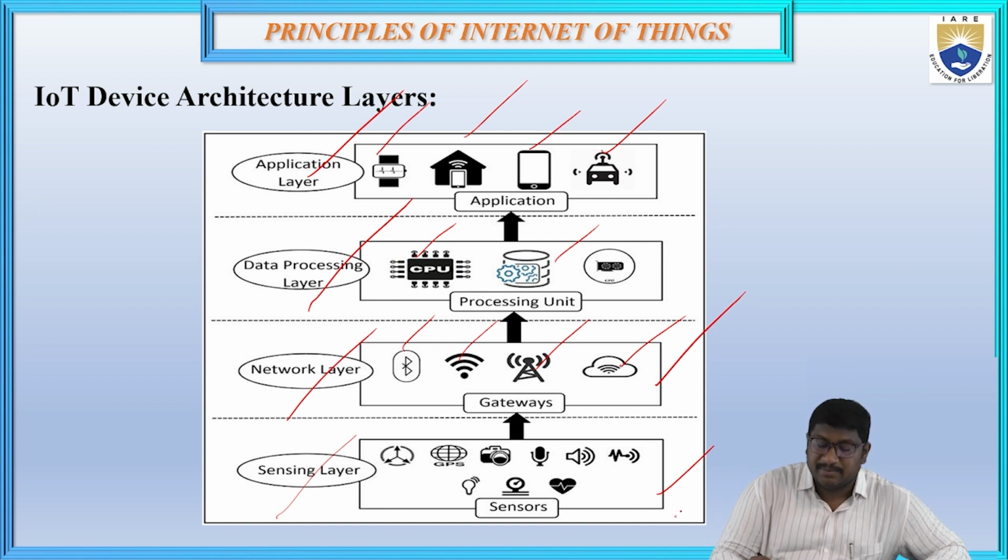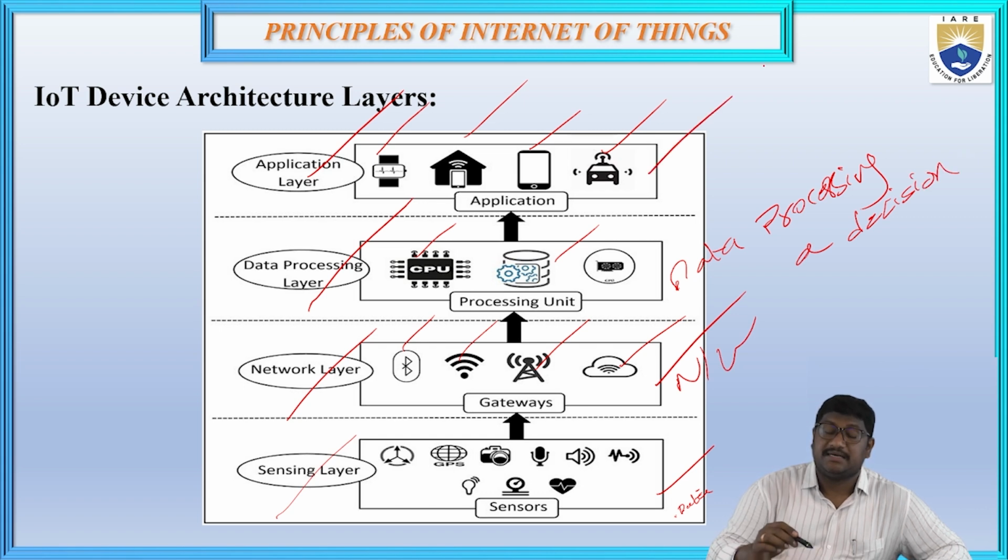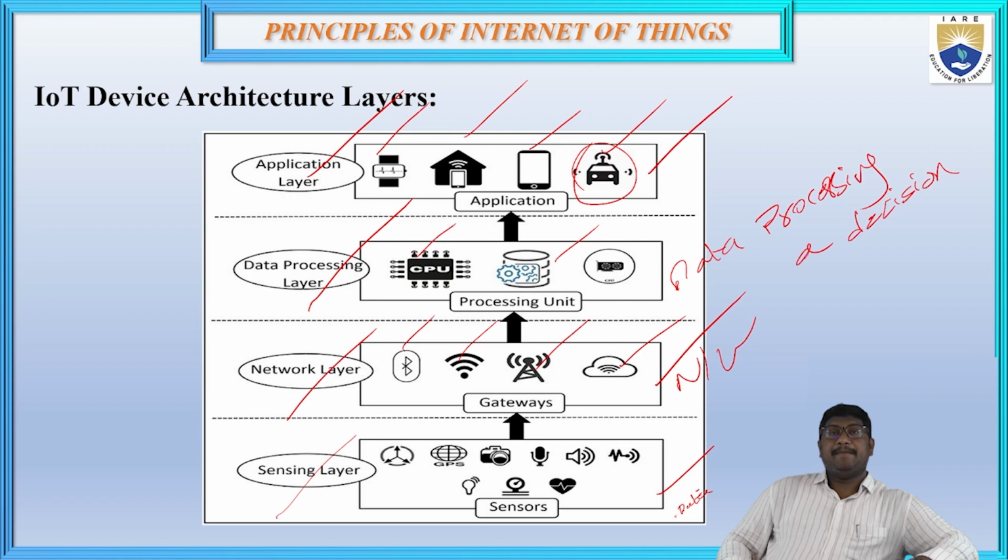Sensors first: by using these sensors, the data is sensed, and this data is transferred with the help of the network layer to the processing unit where the data is going to be processed. From that, a decision will be taken, and based on this decision, the application is going to function automatically. The car is going to be kept in automatic driving mode, or else based on the smartwatch, the decision will happen, right?